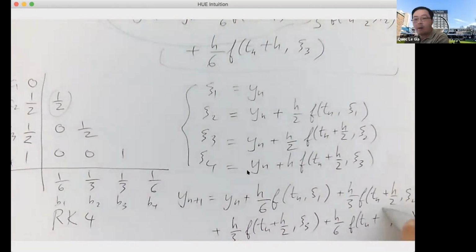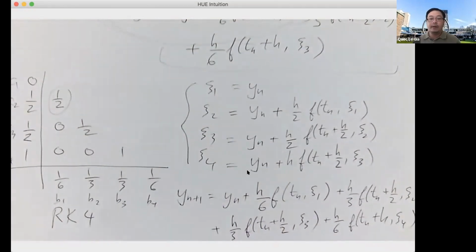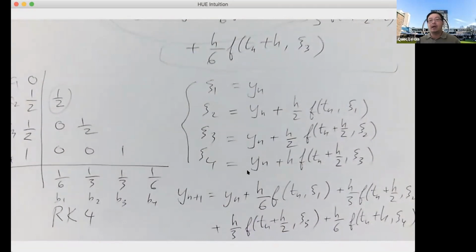So if you don't put in the correct formula, then you don't have a correct method, and you don't have a correct order of convergence. So everything has to be very, very precise. So this is the method for you to work on the project, at least the explicit Runge-Kutta method of order 4.